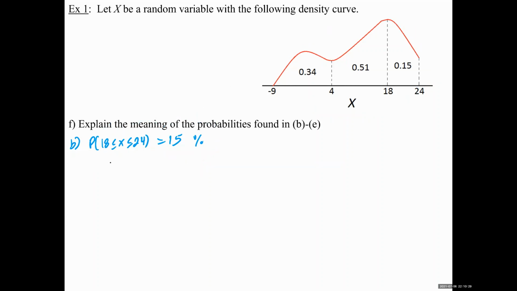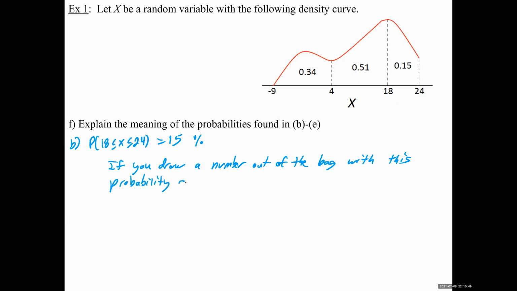So if you draw a number out of the bag with this probability distribution. And when I say this, I mean the curve up there.